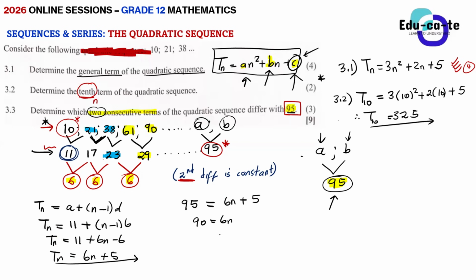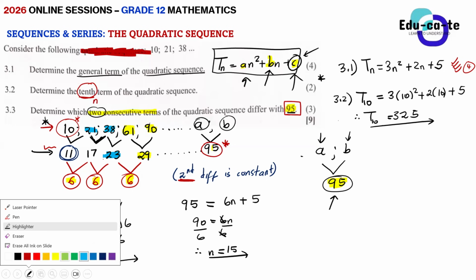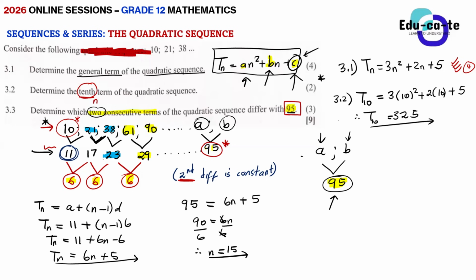Then you divide both sides by 6. What is 90 divided by 6? 15, sir. 15, right? So we know that this 95 is found at position number 15 in the arithmetic sequence.